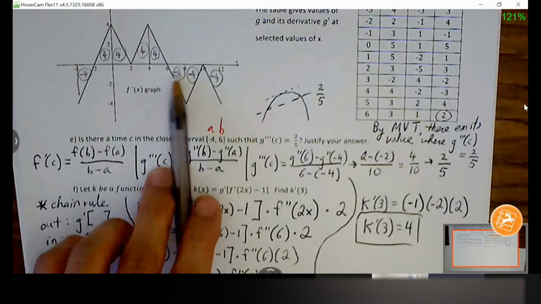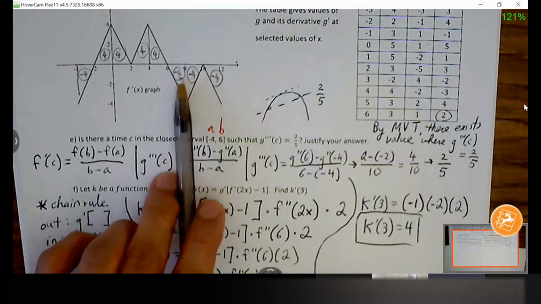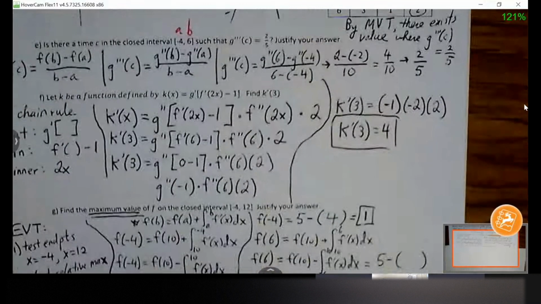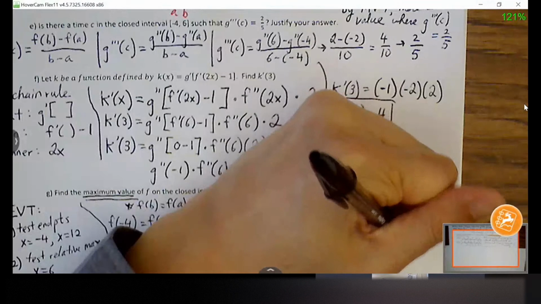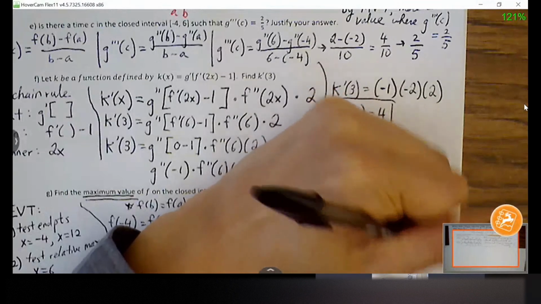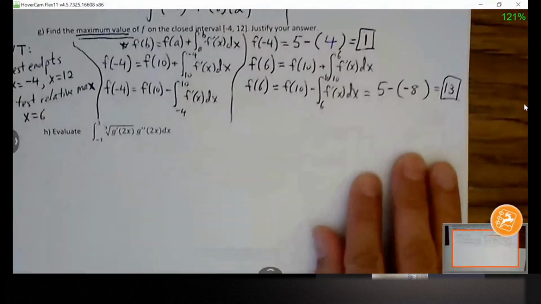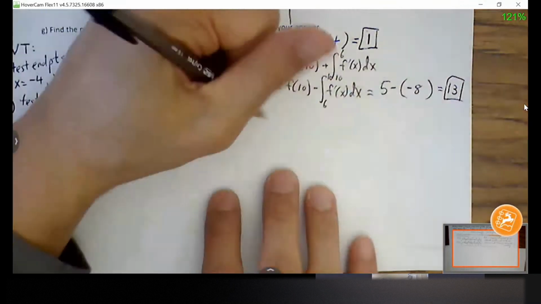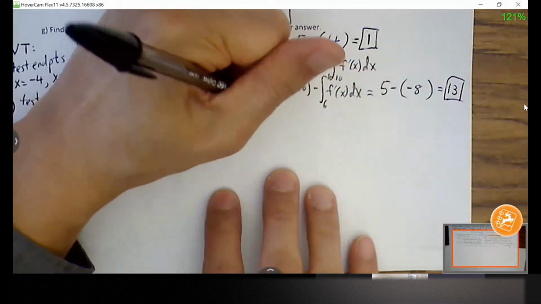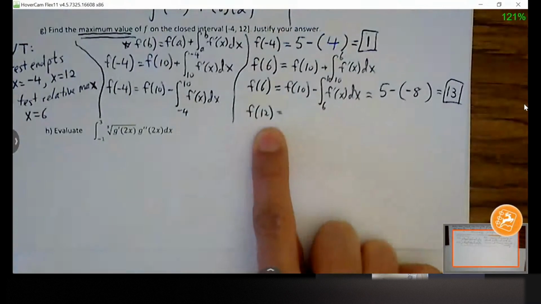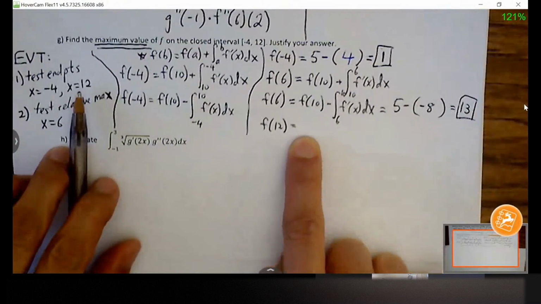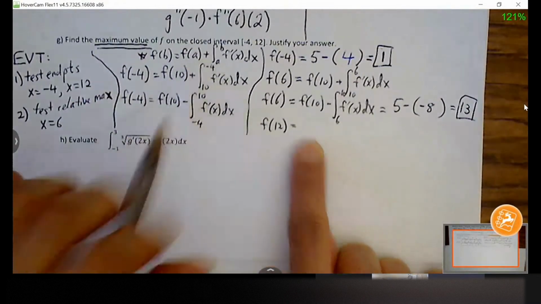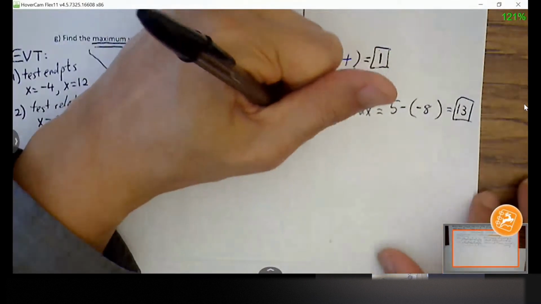Okay, from 6 to 10, -8, right? Got 13. f of 12 is my last endpoint I need to test. Start at f of 10.